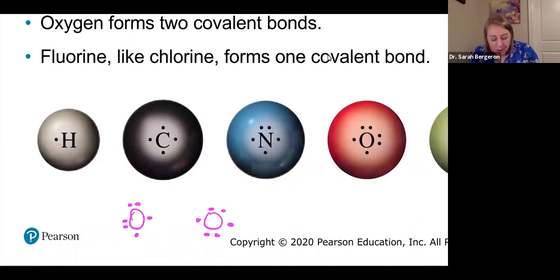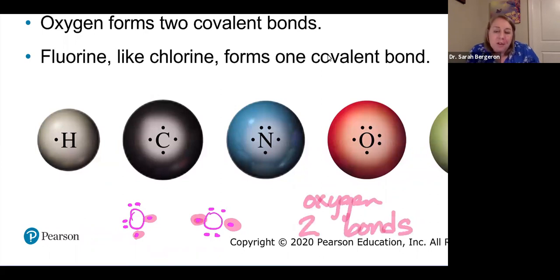Well, it wants to share more of its electrons. So this one has a lone pair here, a lone electron here and a lone electron here. This one has one here and this one has one here. So how many bonds it can form is how many electrons are by themselves. So oxygen will form two bonds, whereas hydrogen could only form one.